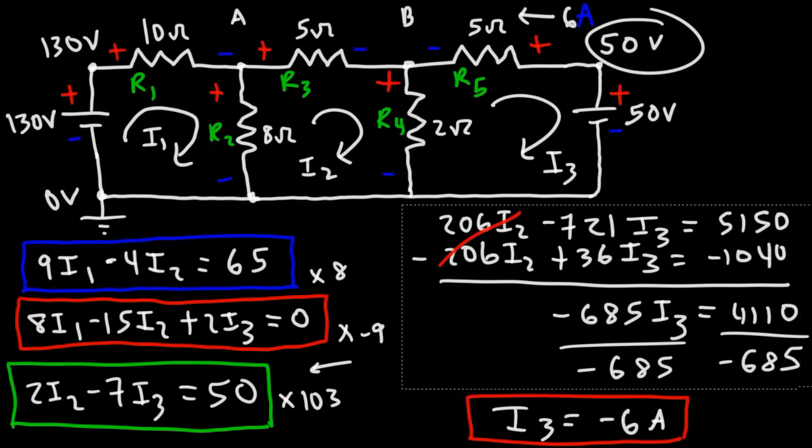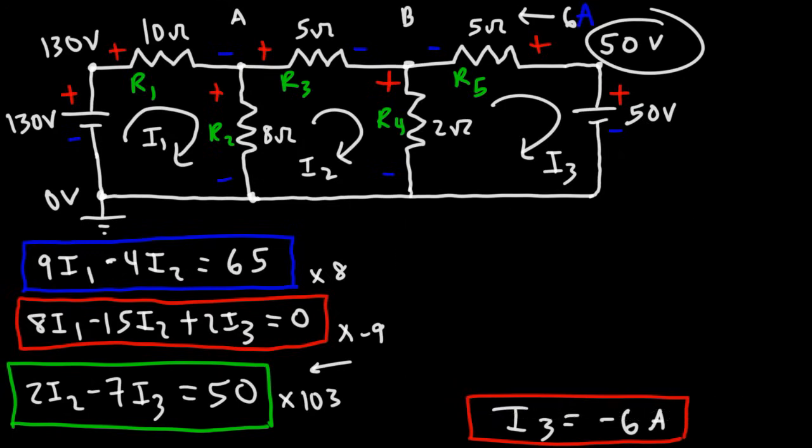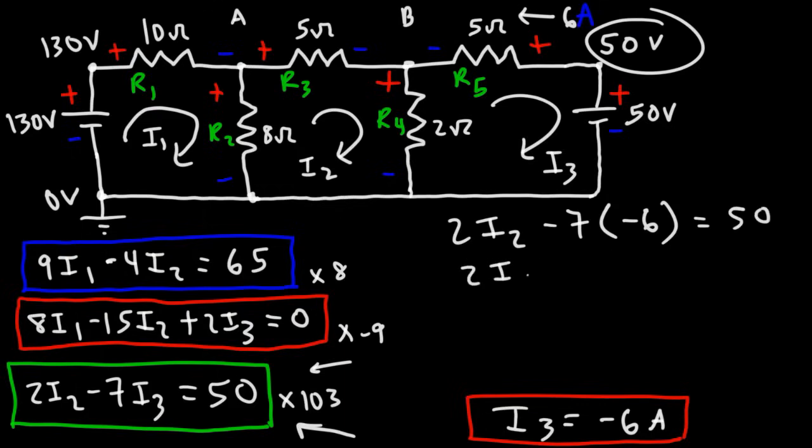Now let's go ahead and calculate the other currents. So let's use this equation before we multiply it by 103 to calculate I2. So it's 2 times I2 minus 7 times I3, and I3 is negative 6, and this is going to equal 50. Negative 7 times negative 6, that's positive 42.